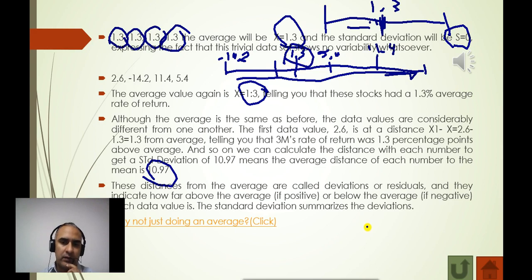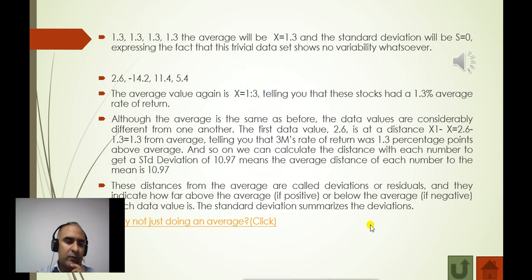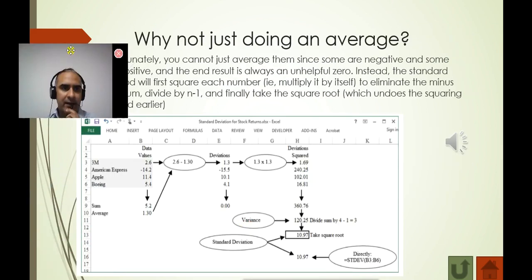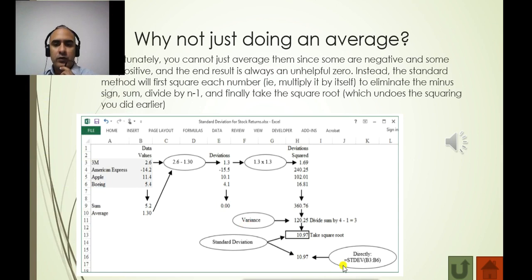So why don't we just do an average? I'm going to explain this very clearly in the following example. Let me fly to the top. Now we have the data values we were speaking about, and how the standard deviation is calculated. First we have 2.6, minus 14.2, 11.4, and 5.4.